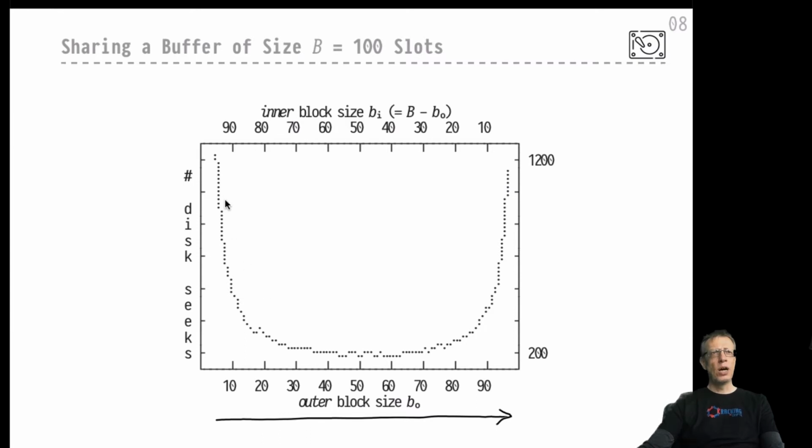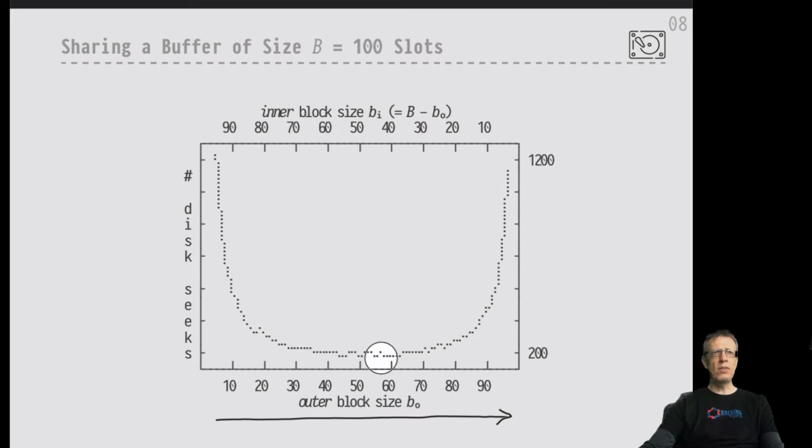And you can see how the number of disk seeks develops as we consider different block distributions between the outer and inner in our database buffer. And of course, we are aiming for the minimum number of disk seeks.